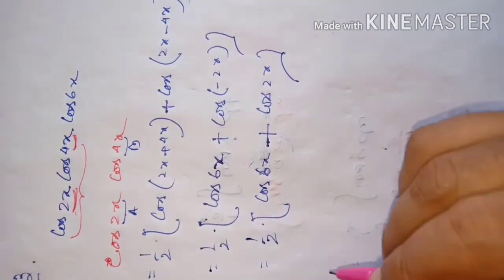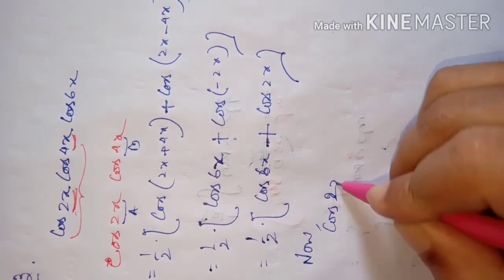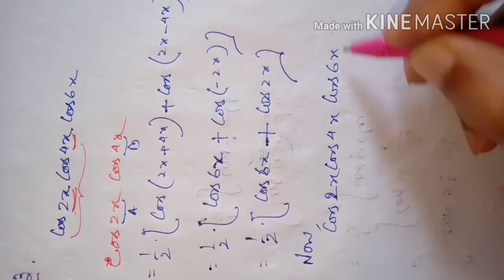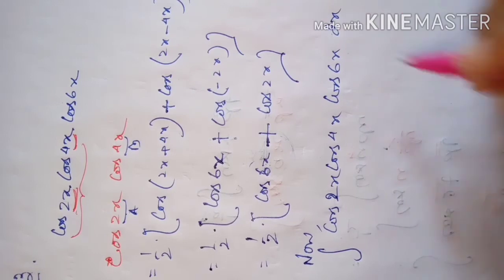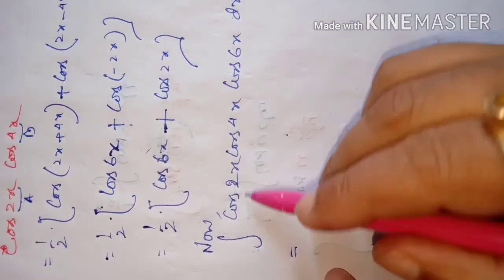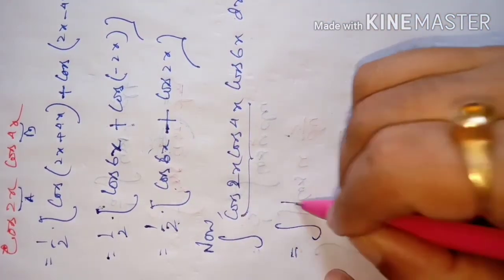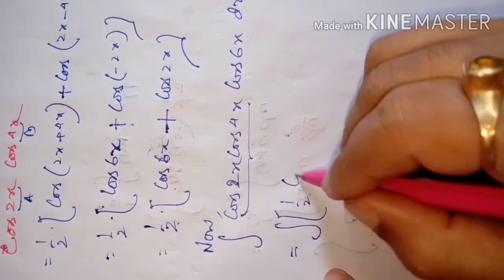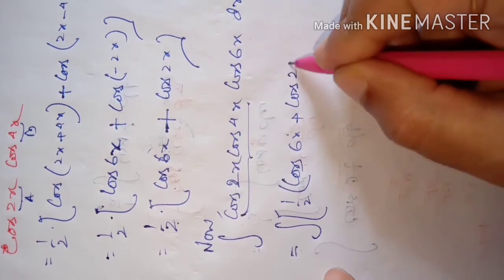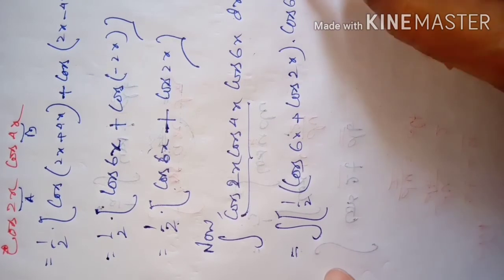So now the original problem will be like this, dear students. Take this original problem. Now we write the whole expression: integration of cos 2x, cos 4x, cos 6x. Here we can write half into integration of half into cos of 6x plus cos of 2x, into this cos of 6x dx.